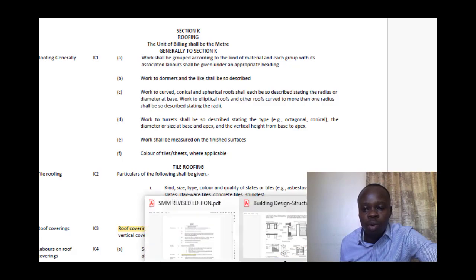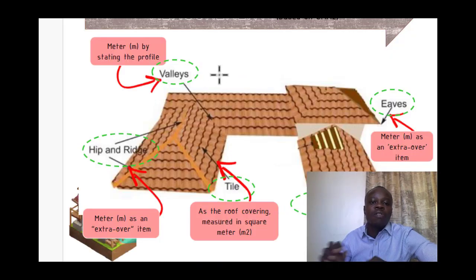With that said, we want to go straight away to roofing, and before that, let's take a look at different parts of the roof, because in one way or another you've interacted with the roof. A roof is the topmost part covering the house, and it is a structural element with various purposes.